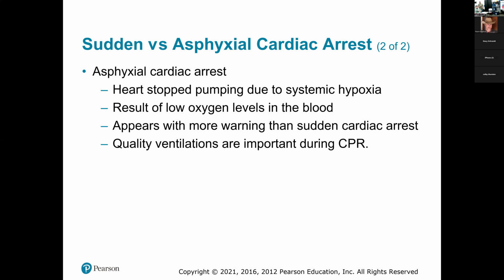It's going to start causing your dysrhythmias. Once it gets to a certain point, they're going to have chest pain. Bam, they're going to go into cardiac arrest. So asphyxial: the heart stops pumping due to systemic hypoxia. Usually it takes a while for the heart to start dying as it's losing that oxygen.